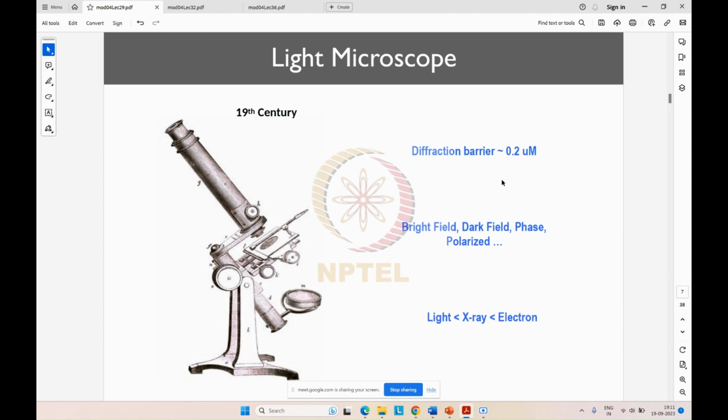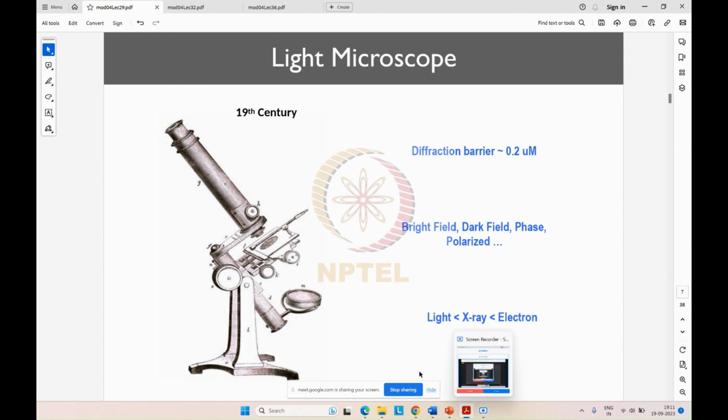If you just shine bright light like white light onto a sample, that's unpolarized light. If you polarize it at a certain angle and then pass it through an object, you would get different kinds of images.